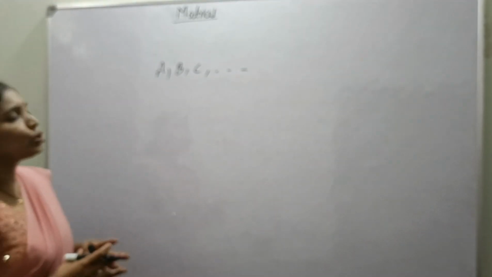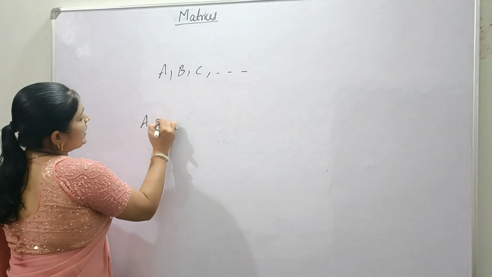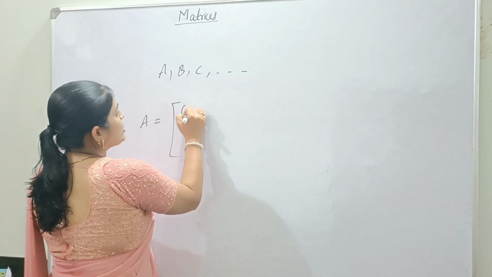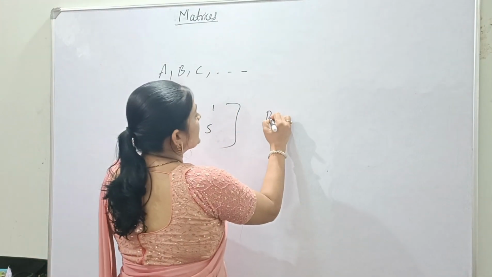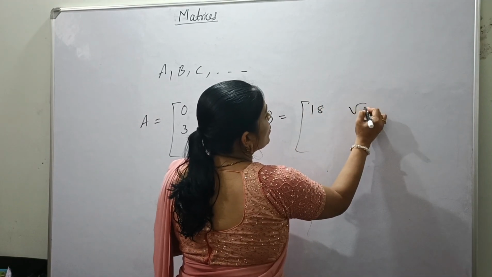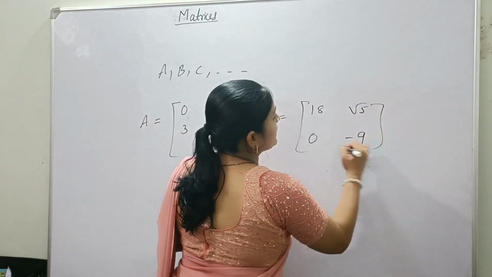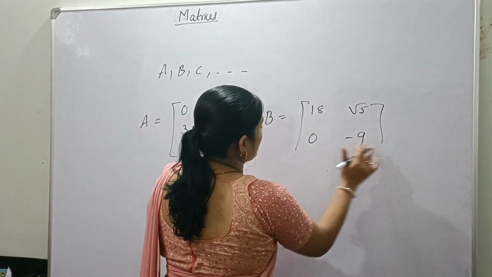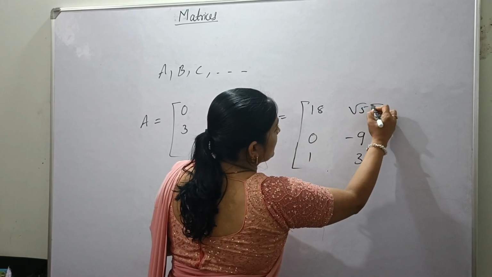Now let us go through some examples of matrices. Matrix A is equal to 0, 1, 3, 5. Matrix B is equal to 18, root 5, 0, minus 9, 1, 3.